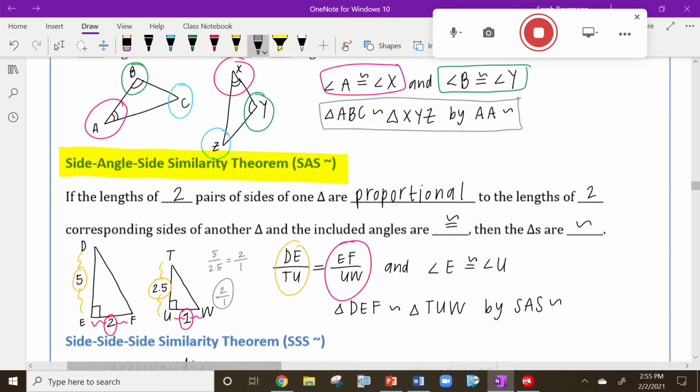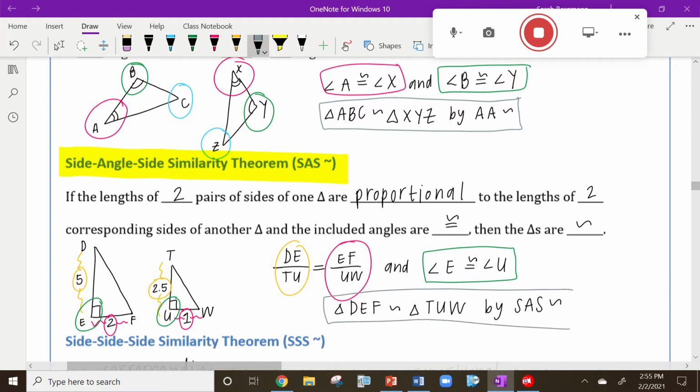They have the same ratio. Both of them are the ratio 2 over 1. So, since we have the same ratio for two pairs of corresponding sides, and the included angle is congruent to each other, we can conclude that these triangles are similar by side-angle-side similarity.